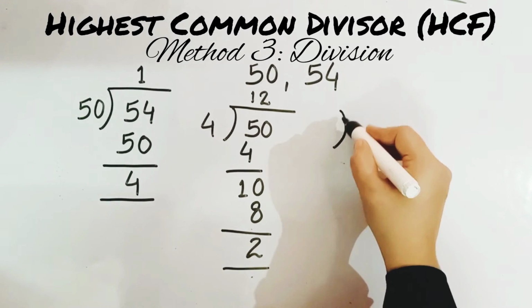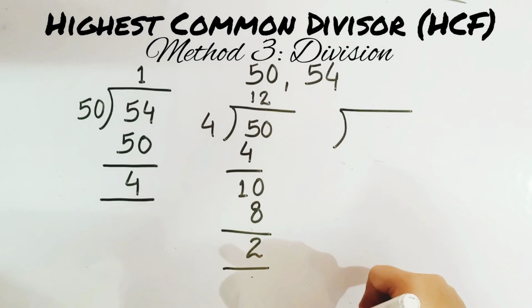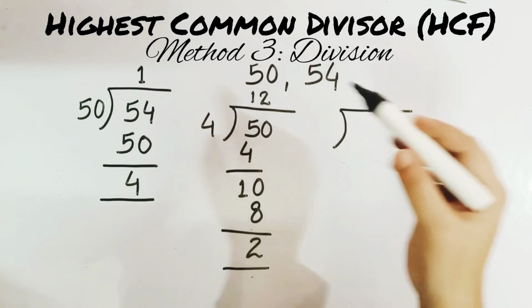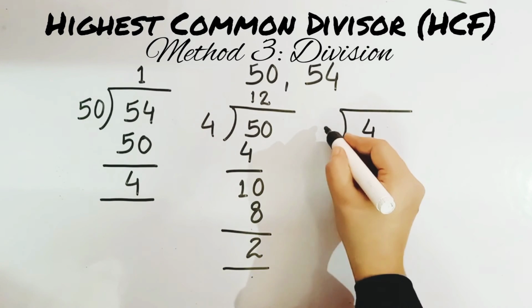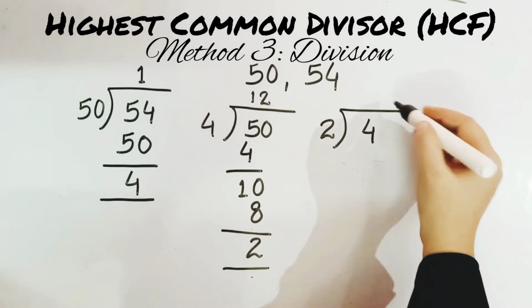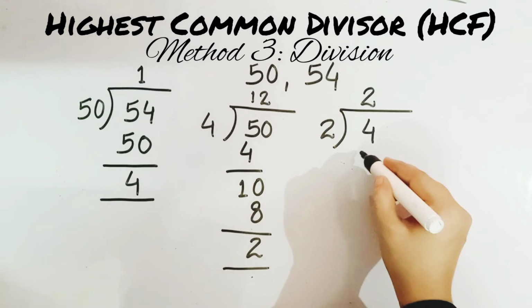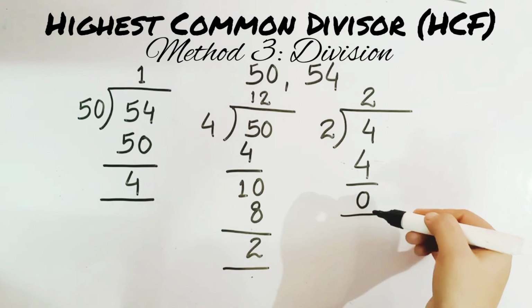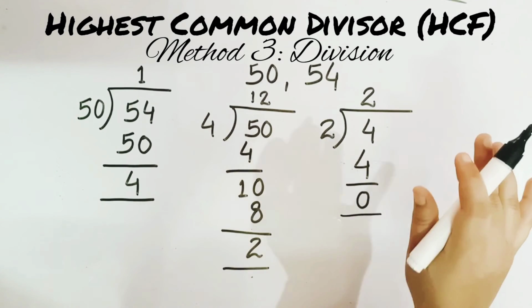So again we got a remainder, so again we repeat the division. We have to keep repeating till we get remainder 0. So now we divide between 2 and 4. 4 comes as dividend because it is the bigger number, and 2 as the divisor. Now 2 times 2 is 4. The remainder will be 0. So yes, we got remainder 0 here, so we stop here.